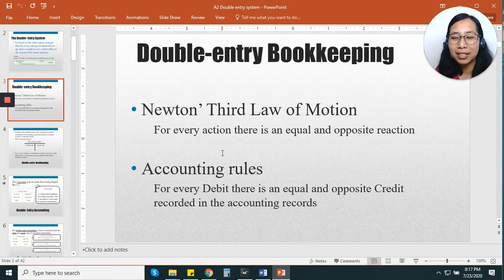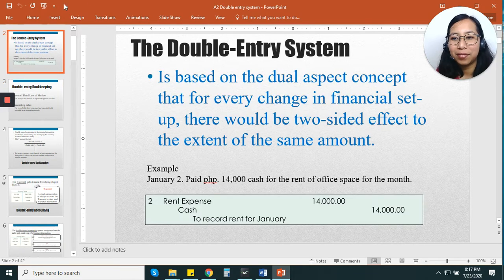It also applies in bookkeeping or accounting. So we have here an example, just to illustrate how the double entry system really works. On January 2, a company paid 14,000 pesos cash for the rent of office space for that month.